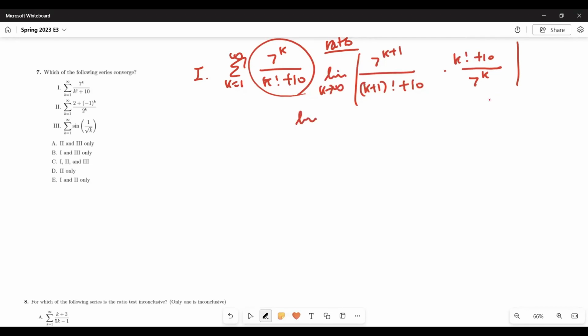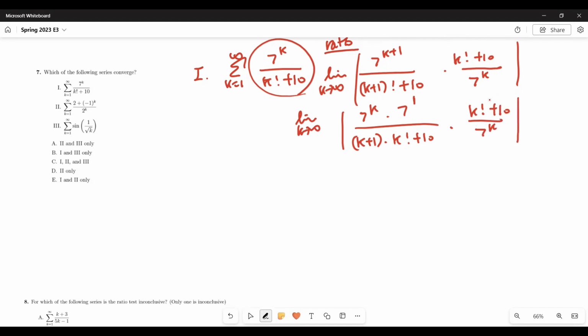Actually, let's separate it first. 7 to the k plus 1 can be written as 7 to the k times 7 to the 1 power, and k plus 1 factorial is k plus 1 times k factorial. I'm separating it this way so I can actually cancel things. As k goes to infinity, plus 10 would be a very trivial number, so it wouldn't matter.